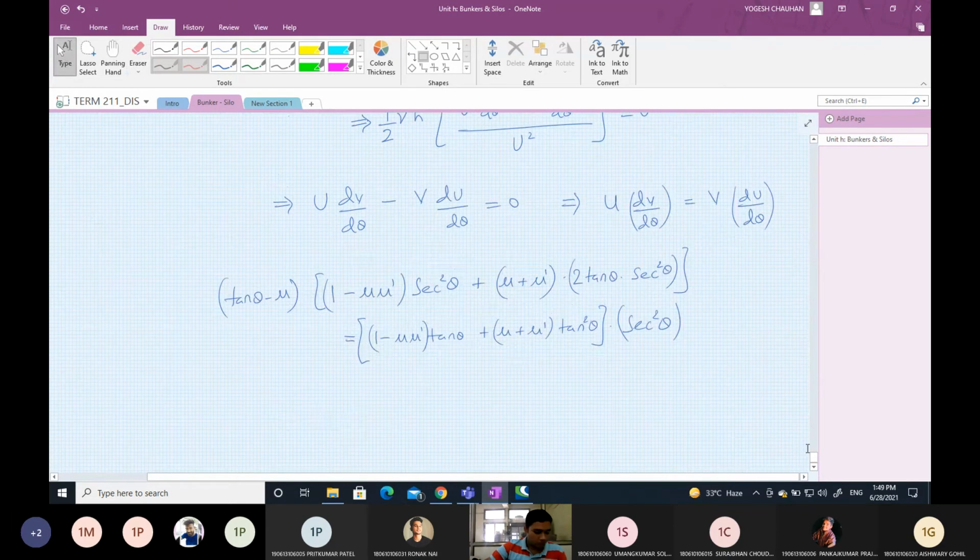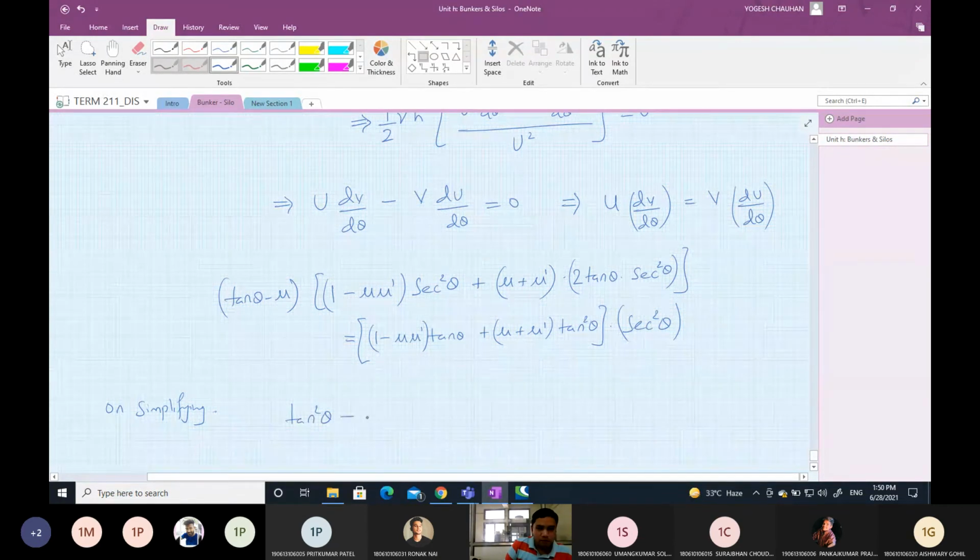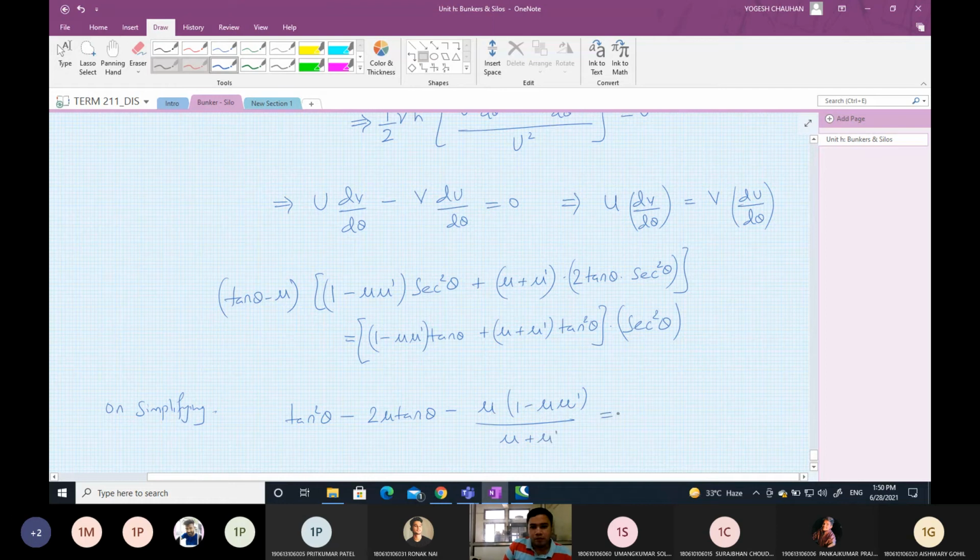Now on simplifying, you can cancel out the terms with sec² θ. So finally you will get tan² θ minus 2 μ tan θ minus μ(1 minus μ') whole divided by μ plus μ' equal to 0.